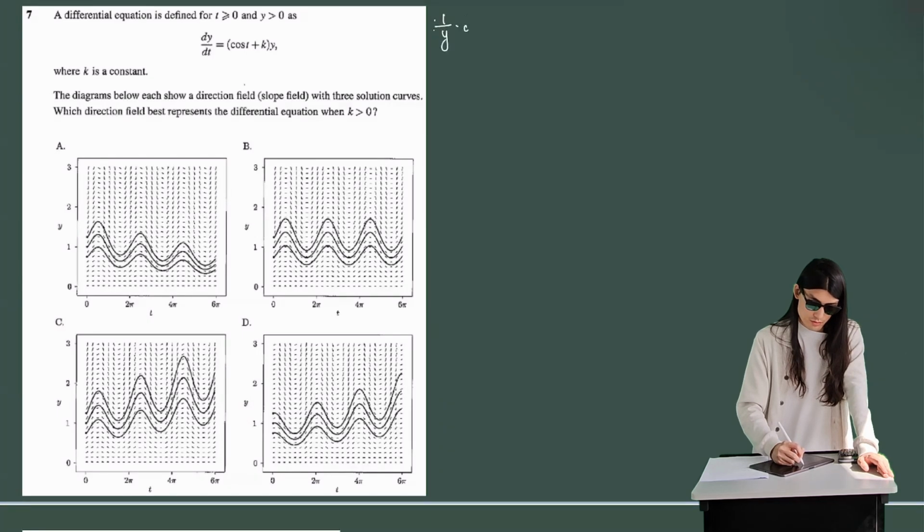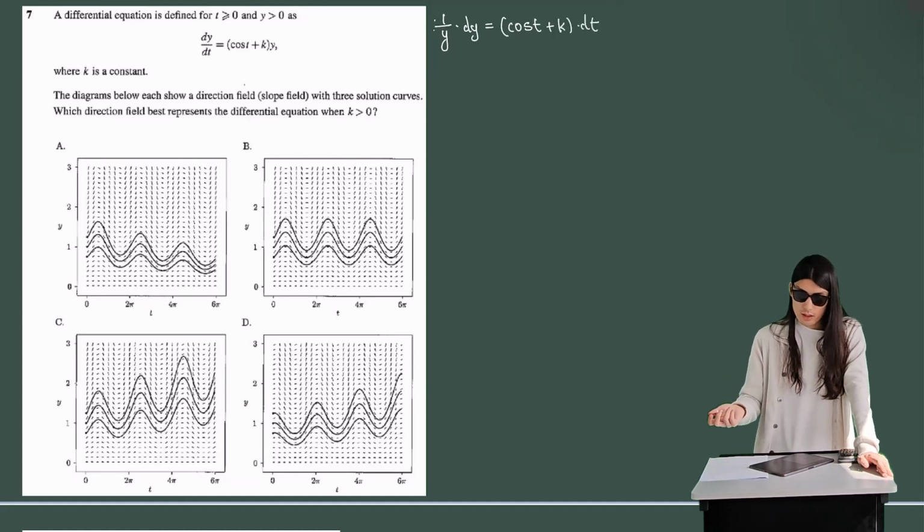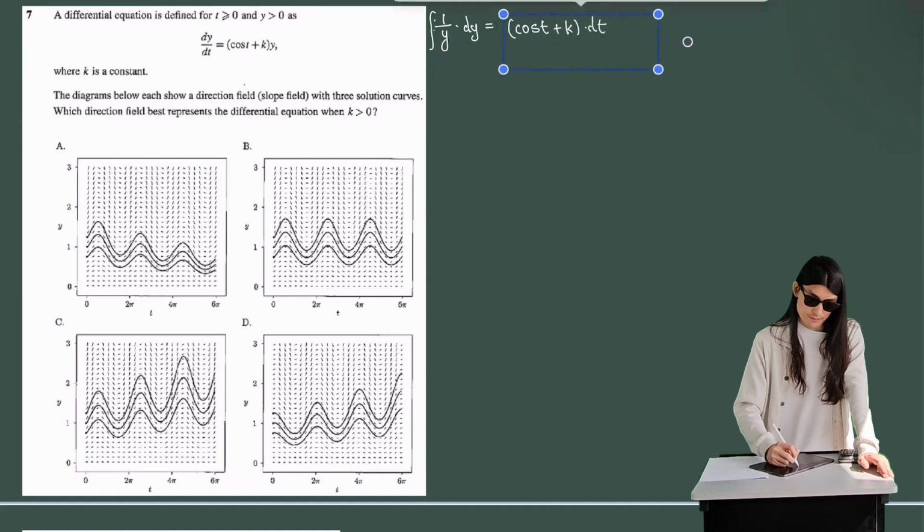So 1 over y dy. Put all the t's on the other side. And then, as usual, integrate both sides.